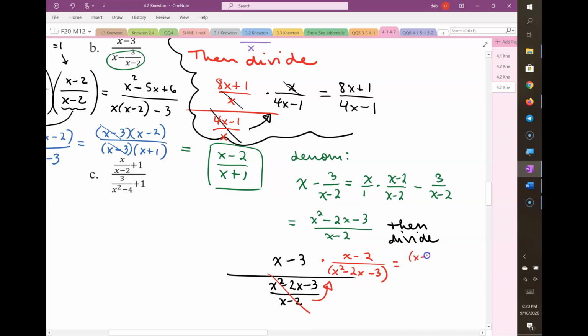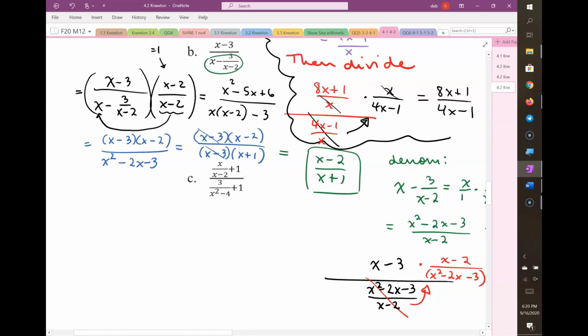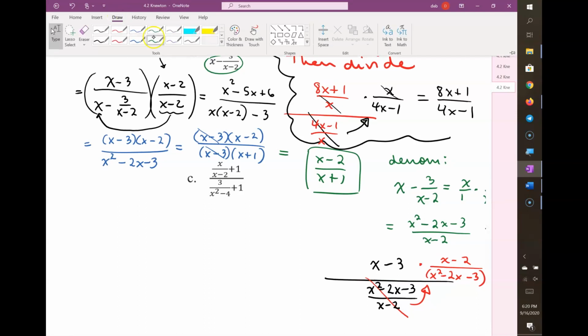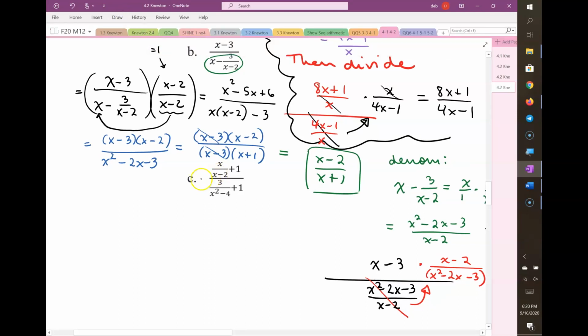And now I have x minus 3 times x minus 2. And I notice again that I can factor the denominator, and I get this one. Okay, then, again we're looking for a common denominator, so that I can multiply the top and the bottom by a common denominator. I see an x minus 2, and then I see an x squared minus 4, but I remember that that factors as a difference of squares.